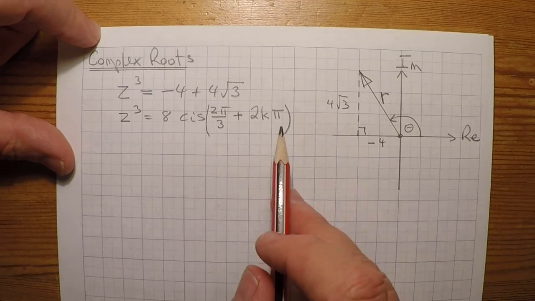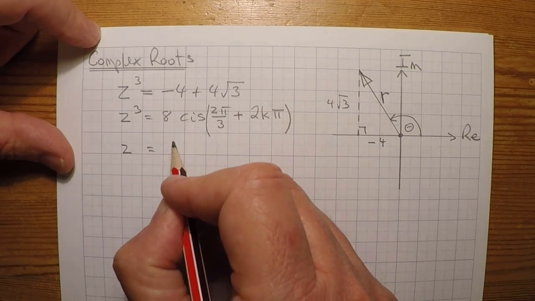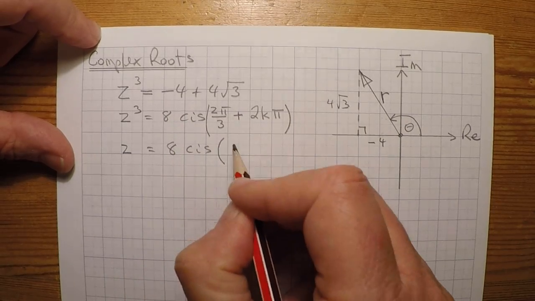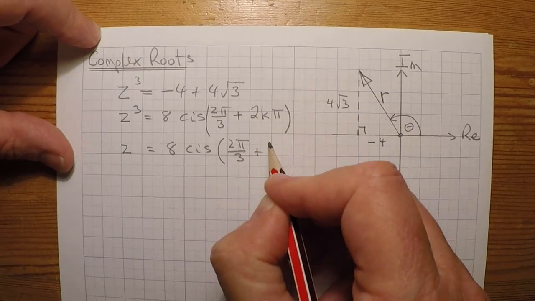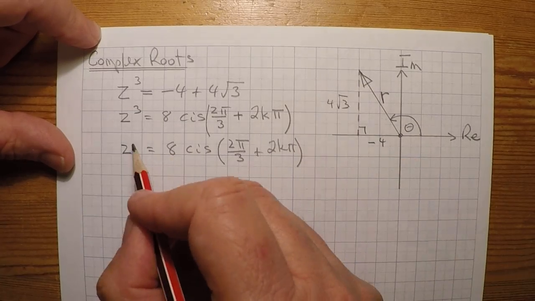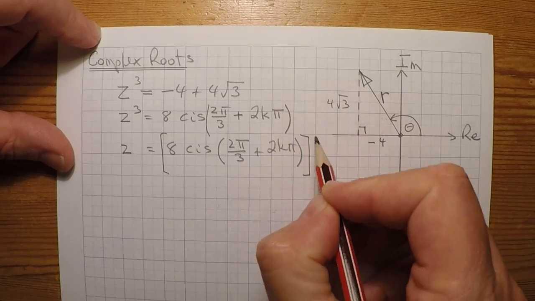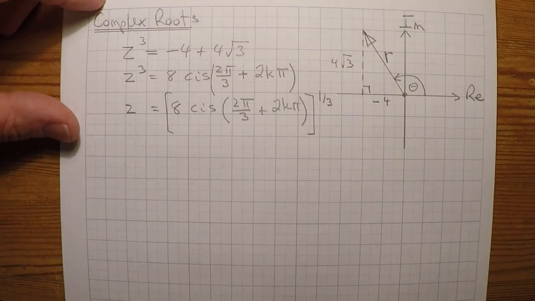Now we're ready for the cube root. So we have the complex number, 2 pi over 3 plus 2k pi, and instead of z cubed, I'll put all of this to the power of 1/3.